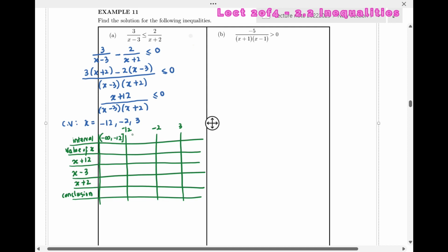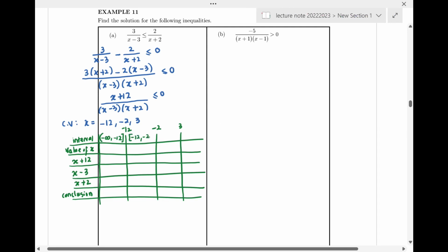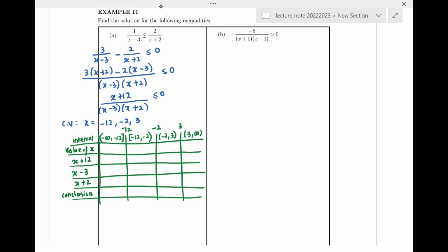This one, negative 12 up till negative 2, open. And then here, negative 2 up till 3, open. And the last one, 3 open up till infinity. So why should we put open? Because negative 2 and 3 are in the denominator, and the denominator can never be 0.